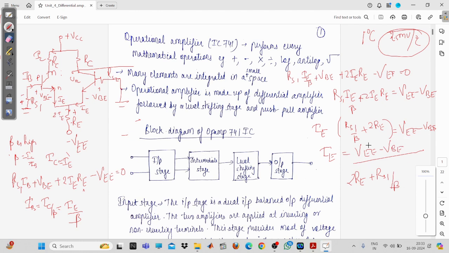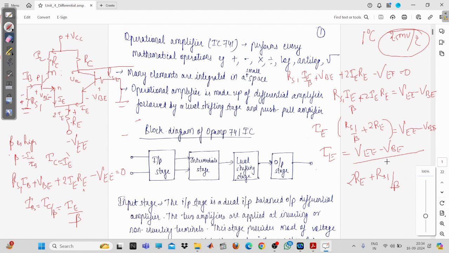VEE is a constant voltage because we are supplying it externally, but VBE is temperature dependent. If you increase the temperature by 1 degree Celsius, VBE is reduced, which means IC or IE will increase.